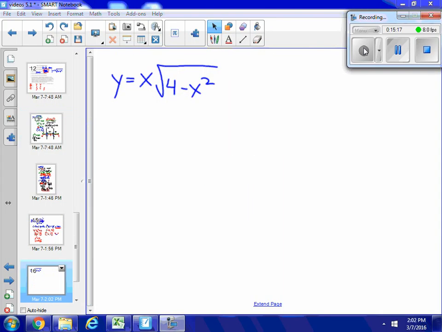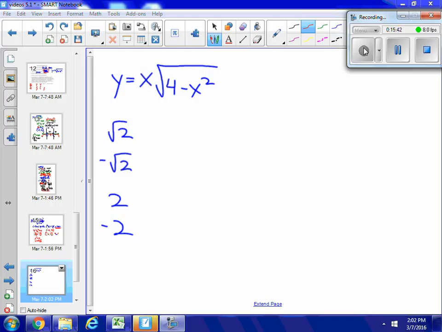So now I have to go back to my function and see what are the y values of all of those critical points. Well, the points were square root of 2, negative square root of 2, 2, and negative 2. And to find out what the y values are, well, I'm just going to plug them in here.